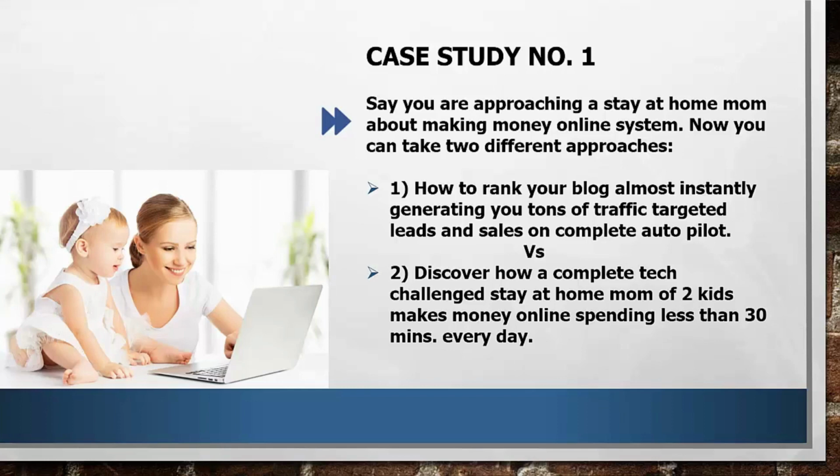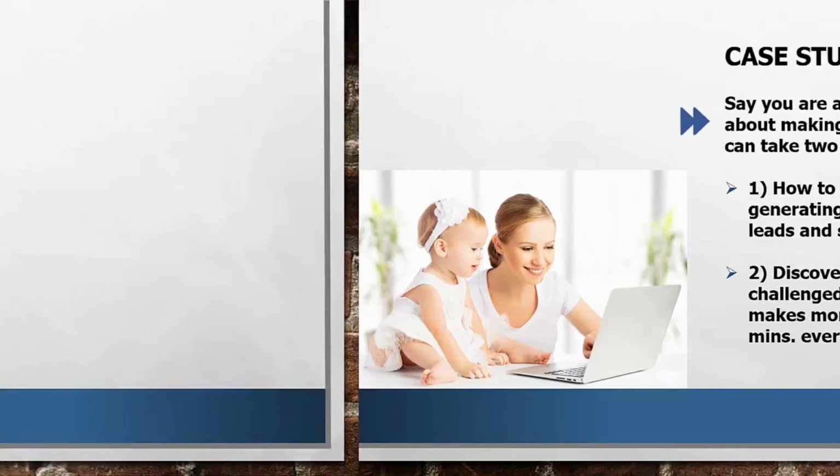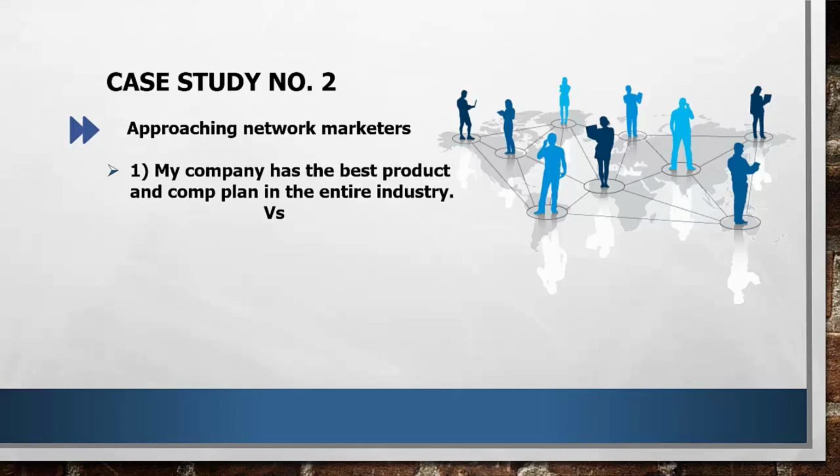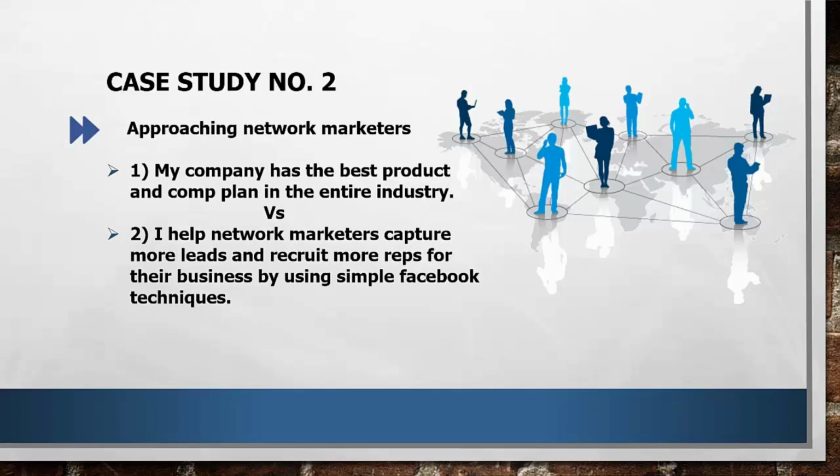Let's take another example, which is our case number 2. Now, say for example, you are approaching a network marketer. The first approach is, my company has the best product and comp plan in the entire industry, versus, I help network marketers capture more leads and recruit more reps for their business by using simple Facebook techniques. In the first case, we have given the network marketer the best image, which thousands of others are also claiming all the time.